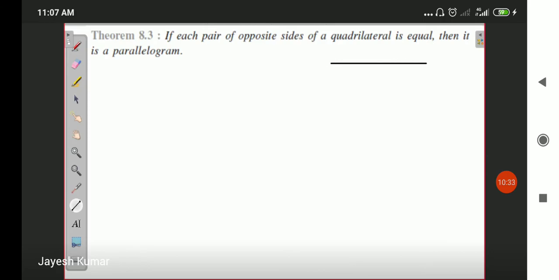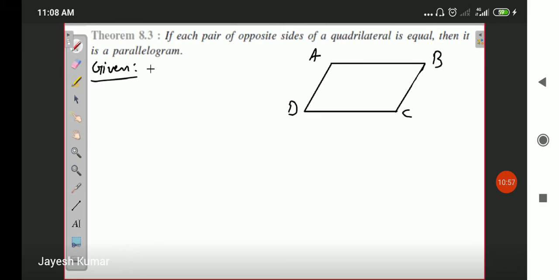In theorem 8.3, we are given a quadrilateral ABCD in which opposite sides are equal. That means AB and DC are equal, as well as AD length and BC length are equal.